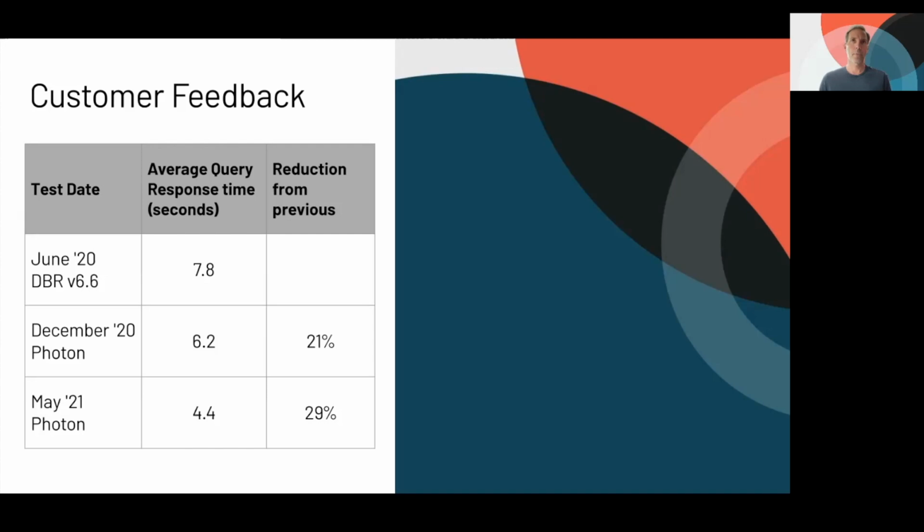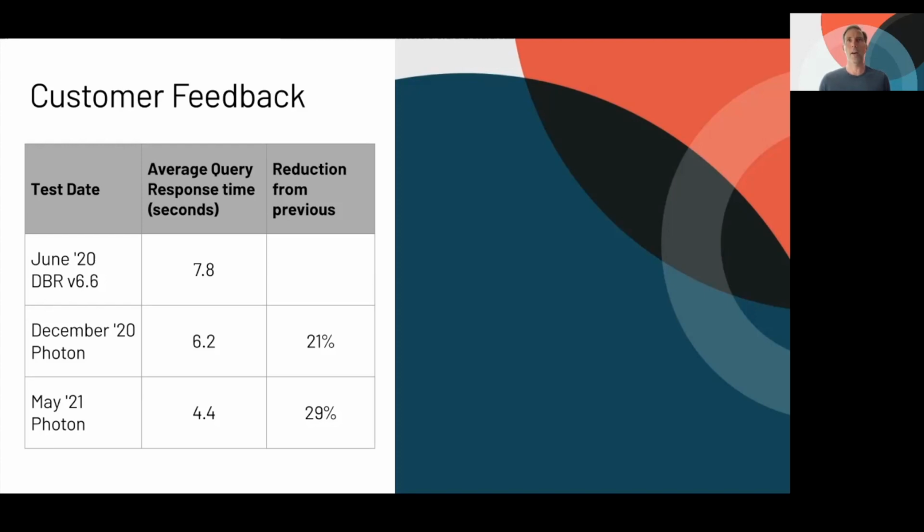Almost a year ago, they started their journey and did some testing with the concurrency workload. And at that time, the average query response time was just under 8 seconds. The Photon and Databricks engineering teams worked hard to make progress to improve this number. And by the end of 2020, the customer reran their concurrency workload test and saw a 21% reduction in average query response time.